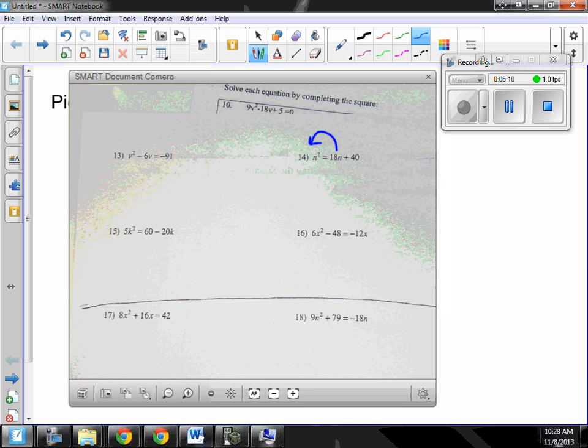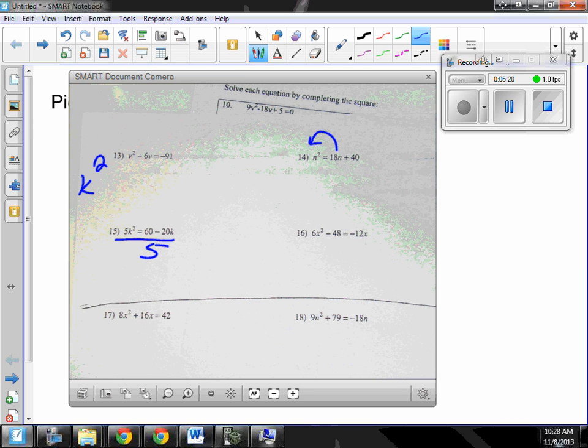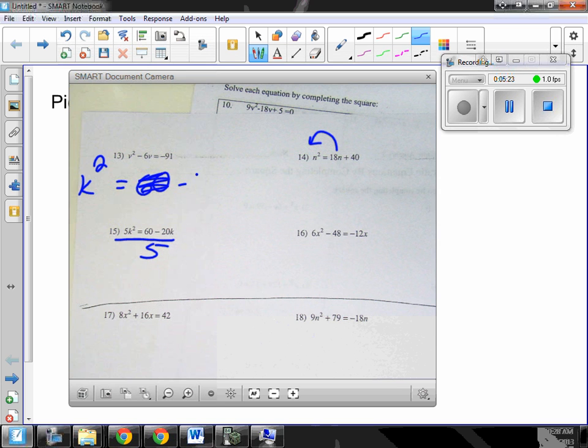Take a look at number 15. What do I need to do with 15? Good. I want to divide by 5 to begin with. So k squared equals 12 minus 4k. Now what do I need to do?